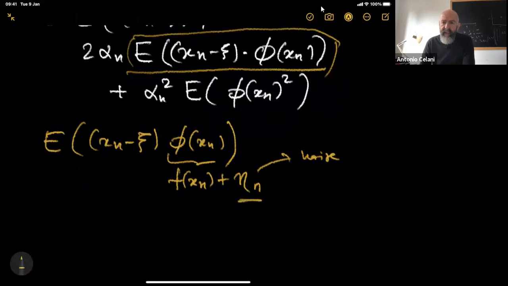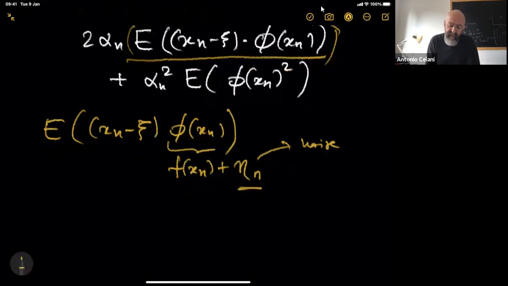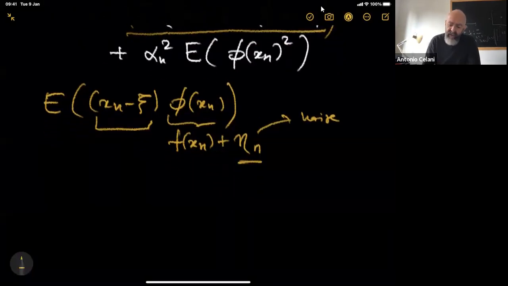But this noise is something fresh, refreshed at every time, so it doesn't depend on the actual xn that you choose. This is the martingale property that I was talking about at the beginning, which is technical, but basically means you can replace it by the assumption that noises are independent at every draw. So the part here is totally independent of the noise present here. I can expand this and take the averages, and remember that the average of the noise is 0 because phi is unbiased.